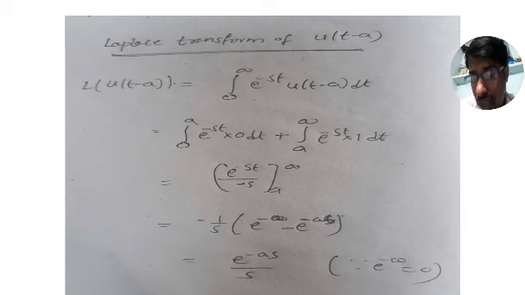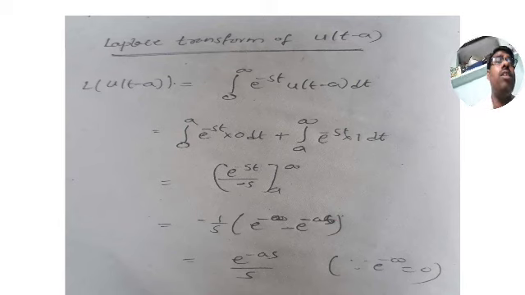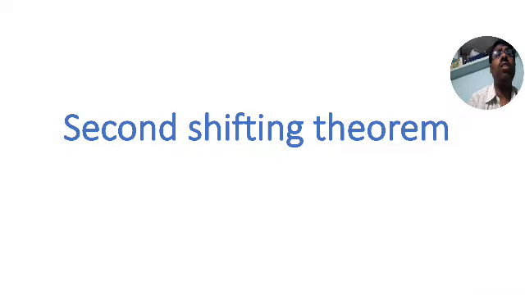We have 20 minutes more, so let us complete the second shifting theorem and its problems in this class. How it is defined, what the property is, what the theorem says, and the corresponding problems.